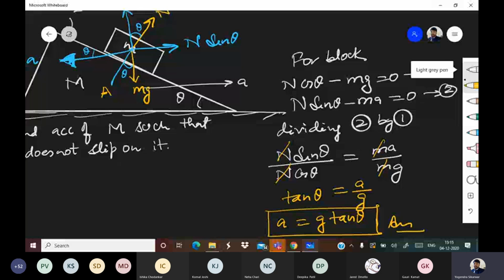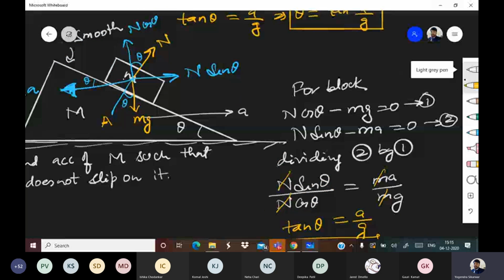Any doubt, any question on this? Good. Ram is saying, please explain again. So what I am saying, Ram, please pay attention. We have talked about the motion of block small m.